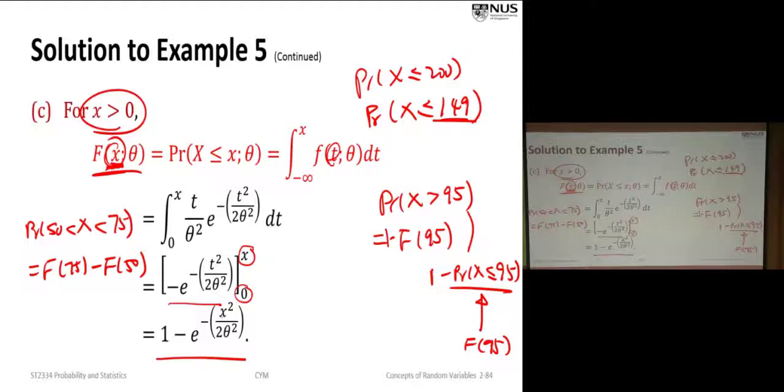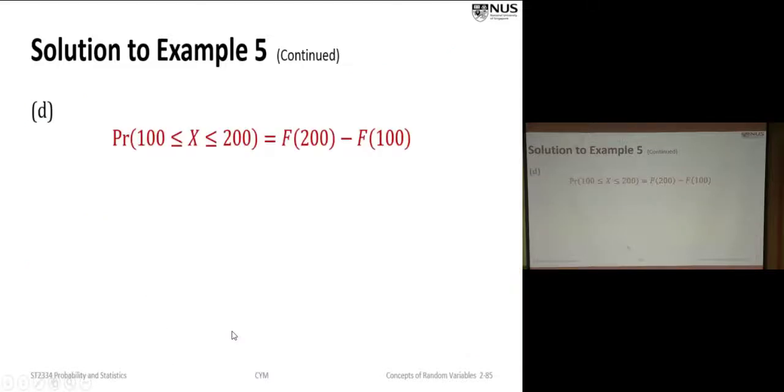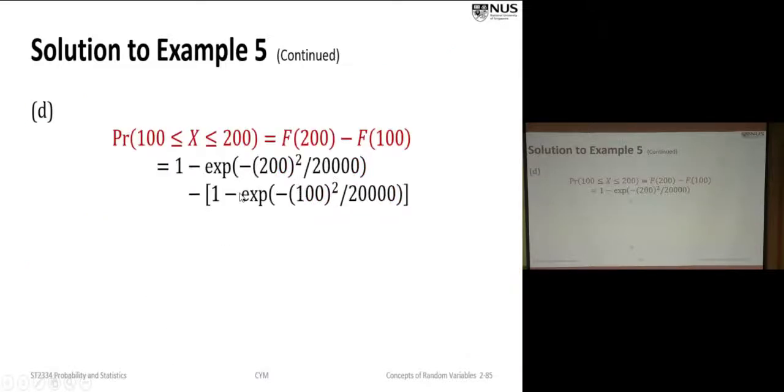So you just substitute 75 into here, 50 into here, and then do the subtraction. This is exactly what we did. So the answer for the chance of x between 100 and 200 is 0.4712.